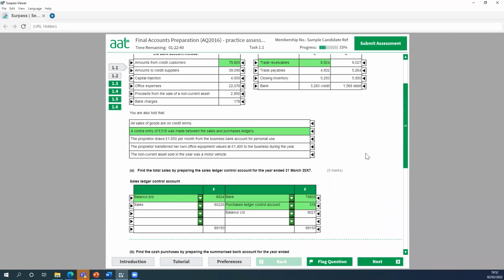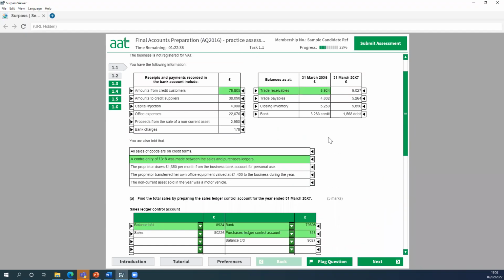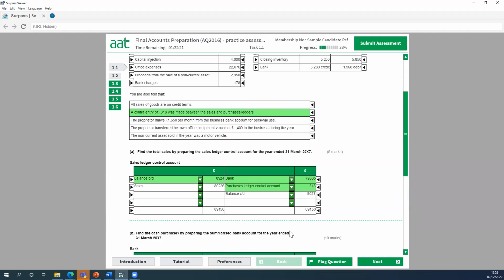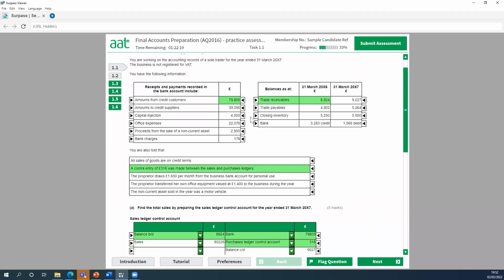Going through the question, I've done this on a T account before, and then I've just gone through each part of it. The first thing I've done is balance brought down on the credit side of £3,283. Then I've looked at the information I've got here and what entries I need to make in the bank account, a bit like the cash book.